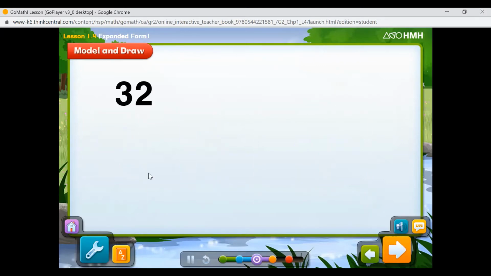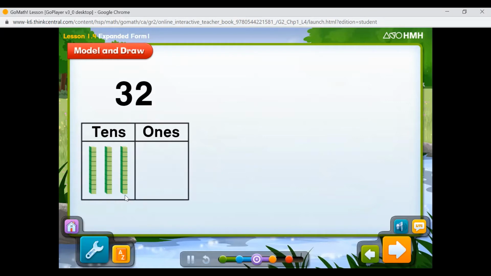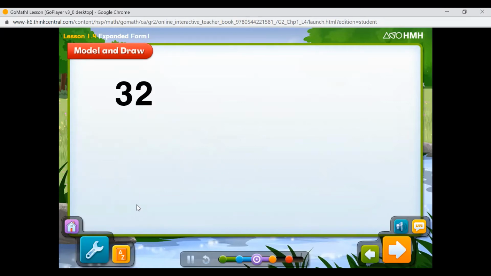What does 32 mean? What digits are used to write the number 32? The digits 3 and 2 are used to write the number 32. The digits have different values. What is the value of the 3? It is 3 tens. What is the value of the 2?